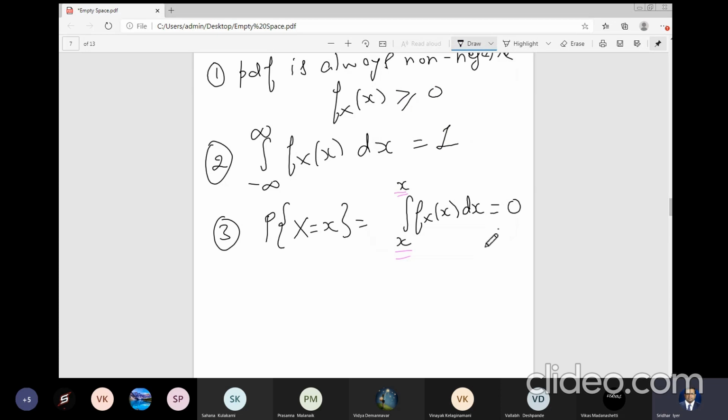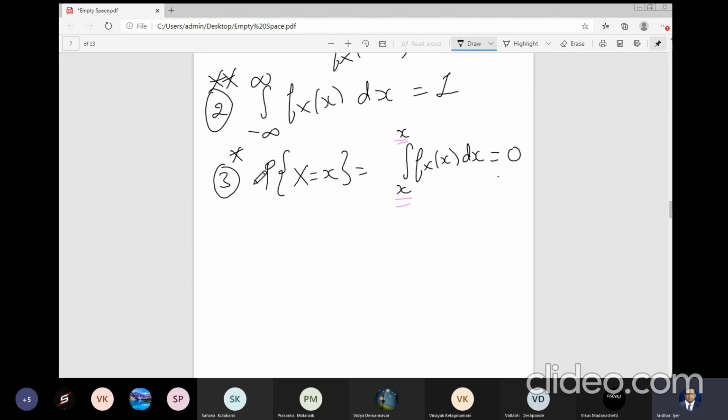Which basically implies that the probability of a random variable equal to any specific value x is always 0. Okay, this is an important property. The most important property is property 2. So the third property tells you that the probability of a random variable equal to any specific value x is always going to be 0.